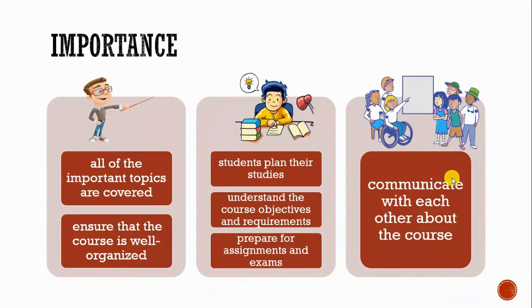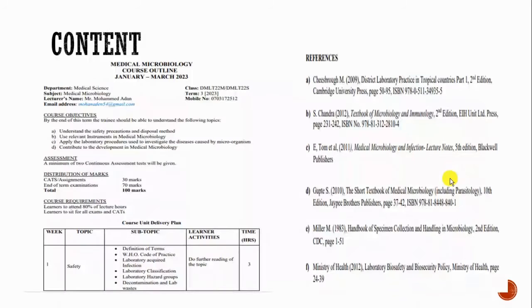So it's very important that we understand how to develop a course outline. And again, there is no specific template. You can adopt what you have in your facility or your institution rather. And when we talk about the content, there are various areas that it's good you capture.